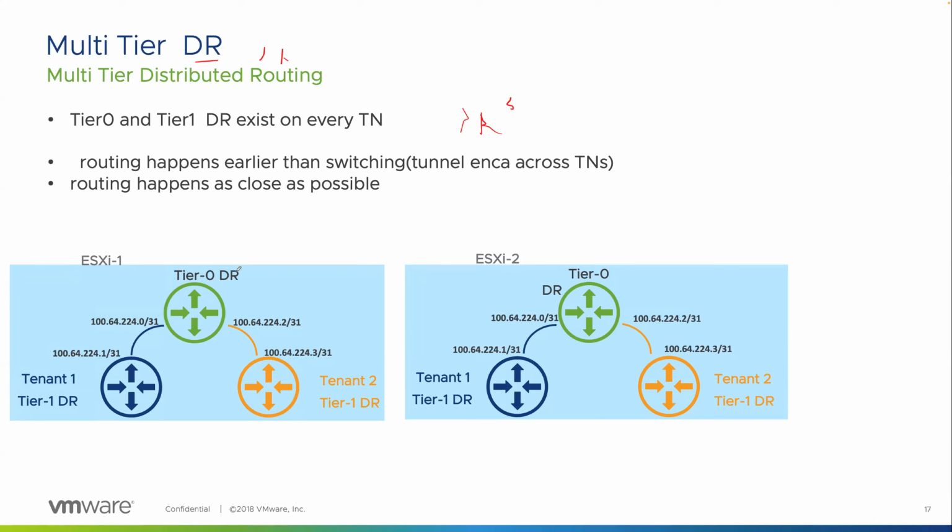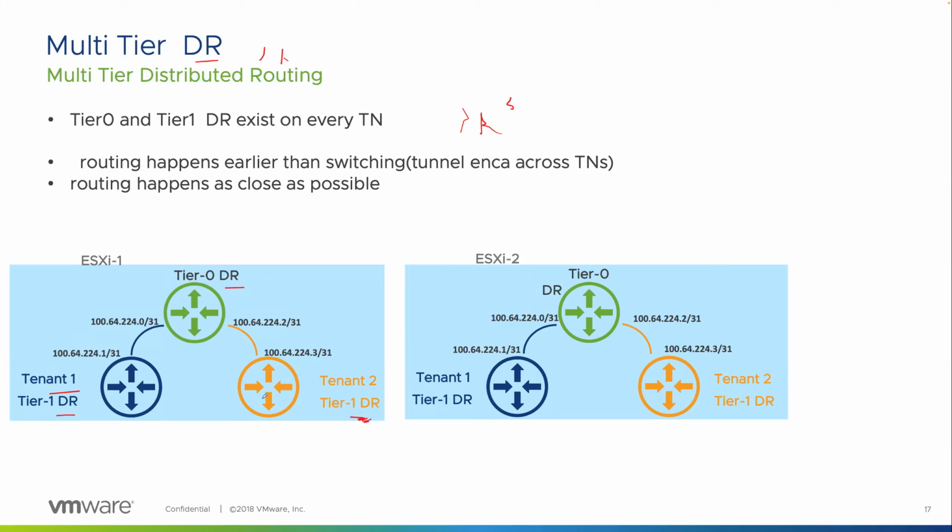When you deploy a two-tier NSX, the DR function will be sitting on every node. T0 has its own DR and T1 has its own DR. So in this ESXi-1 host, we have 3 DRs belonging to different routers.